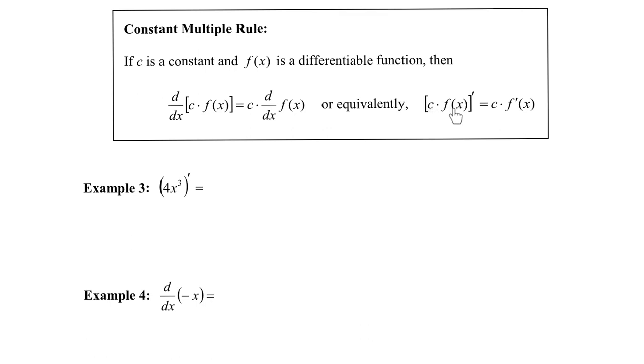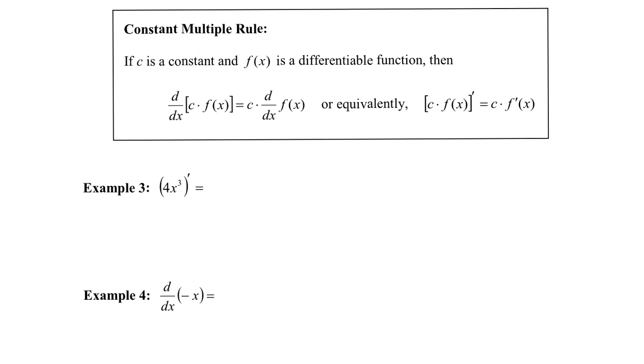This c just goes along for the ride. So you take the derivative of the function and the c is unchanged. C times the function, take the derivative, you get c times the derivative of the function. Okay, so what I'll do first is just walk through this the slow way, and then I'll show you the way we typically would do it.